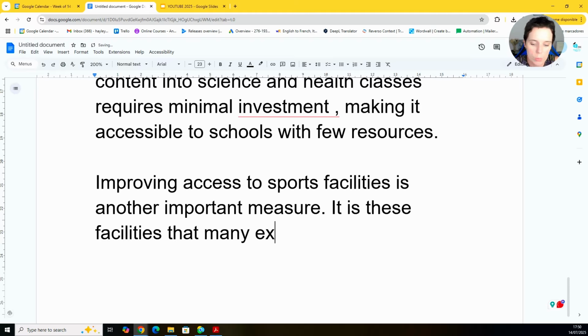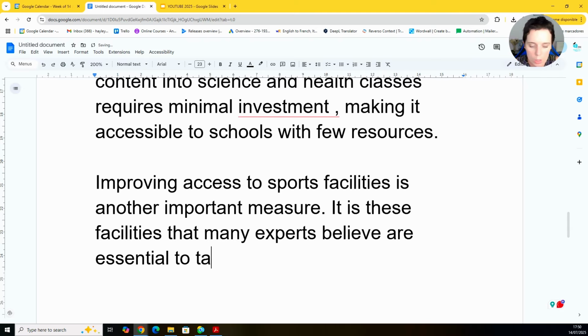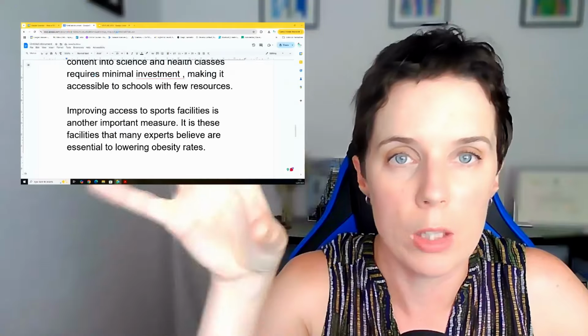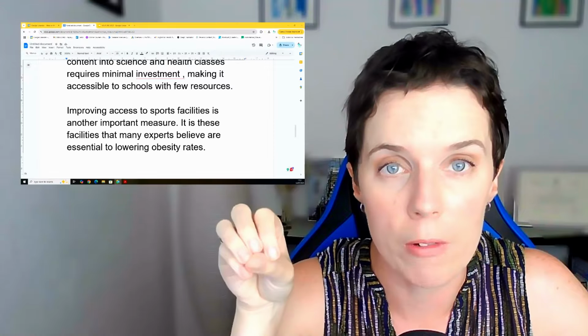that many experts believe are essential to tackling. Actually, we need a different word for tackling. For, let's say, lowering obesity rates, just because we had tackling in the instructions, and again, you don't want to deliberately lift vocabulary from the instructions.